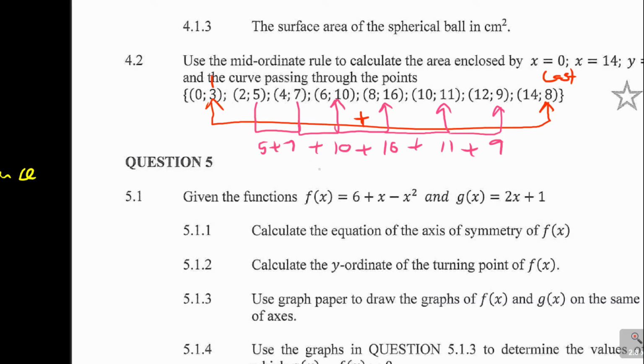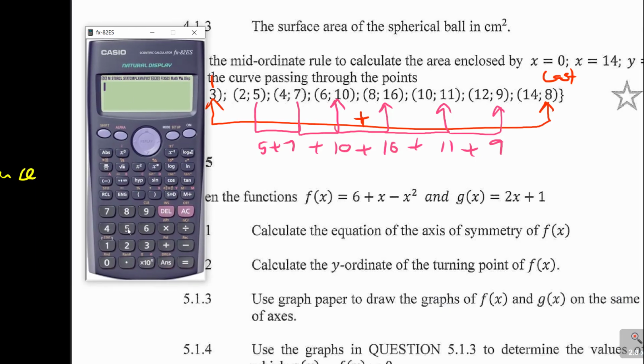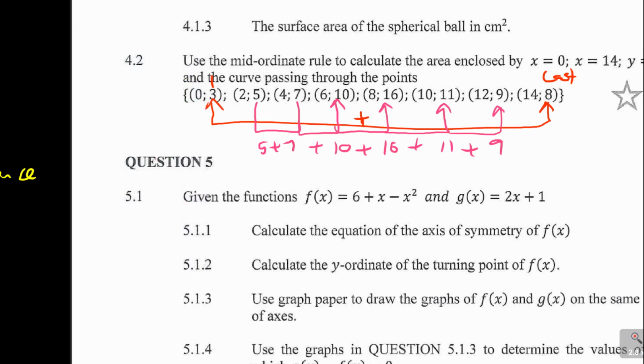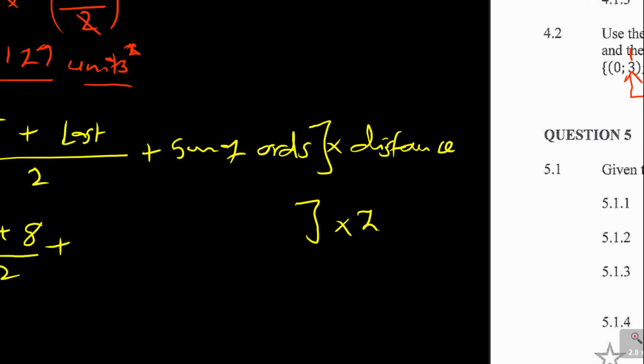Sum of other ordinates, we're just adding that. If I take a calculator and add these ordinates, I've got 58. So I come here and say plus 58. The 58 must be there.